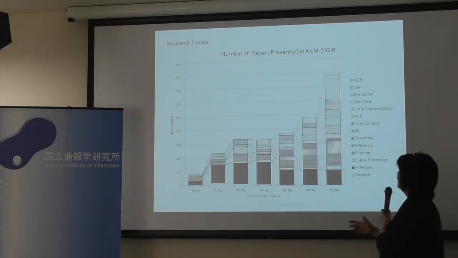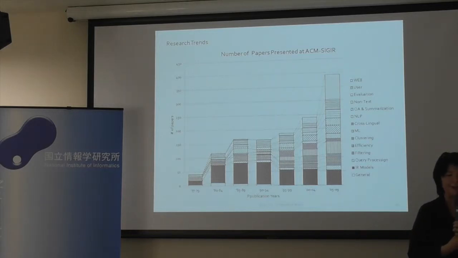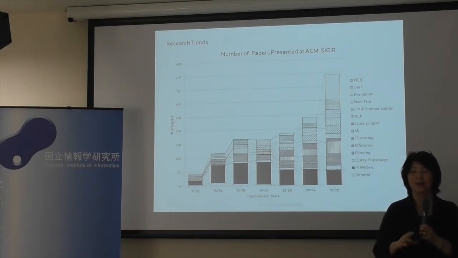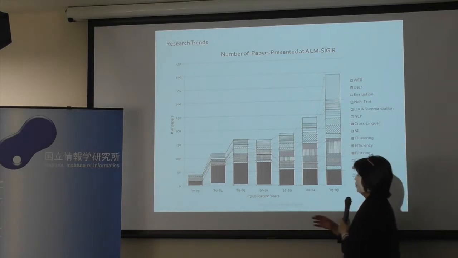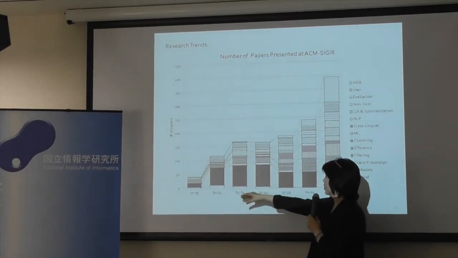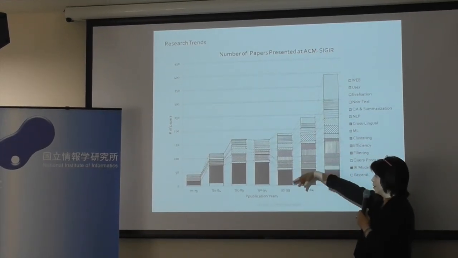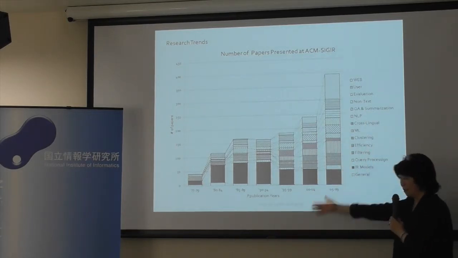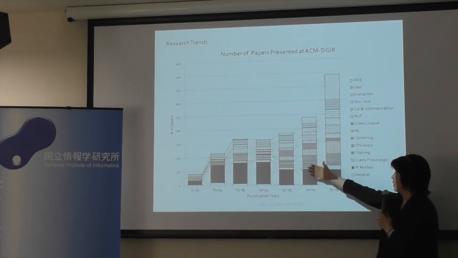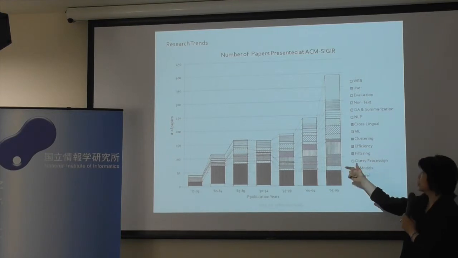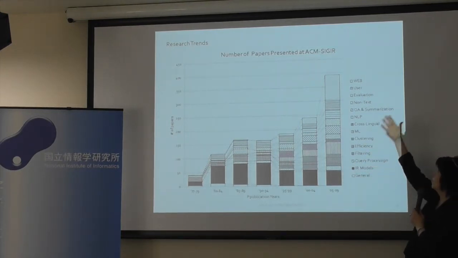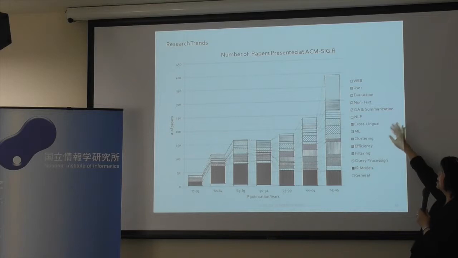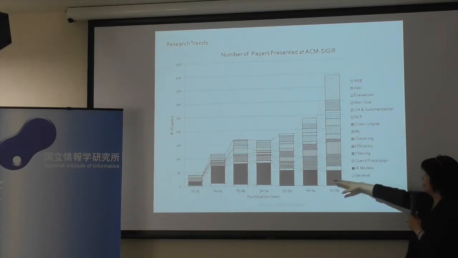Anyway, this is a number of the papers presented at ACM SIGIR. Originally it was a conference looking at information retrieval models, but gradually the topics and domains of the papers presented at this system-oriented conference on information retrieval have become more diversified, like using the web or users, evaluation, non-text, or other technologies like QA, summarization, or natural language processing.